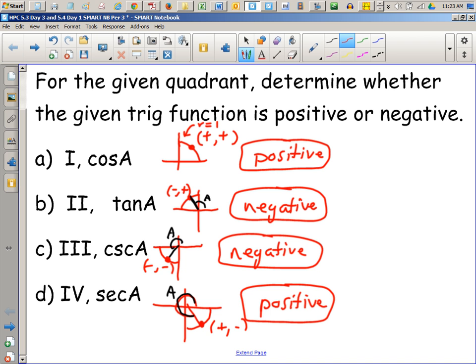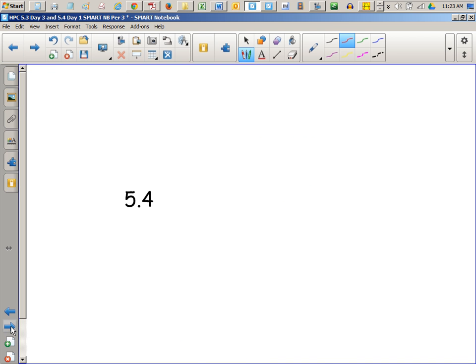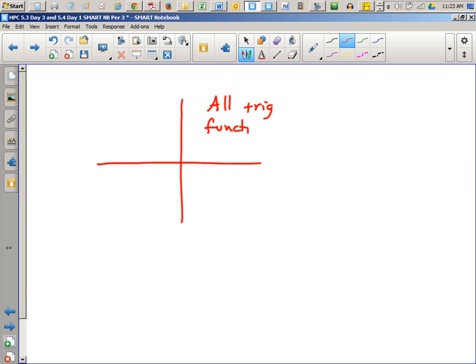So some of you might have seen the rule, all students take calculus. Here's what it means. It just means that in quadrant 1, all things are positive. All trig functions are positive. But in quadrant 2, only sine theta and cosecant theta are positive.